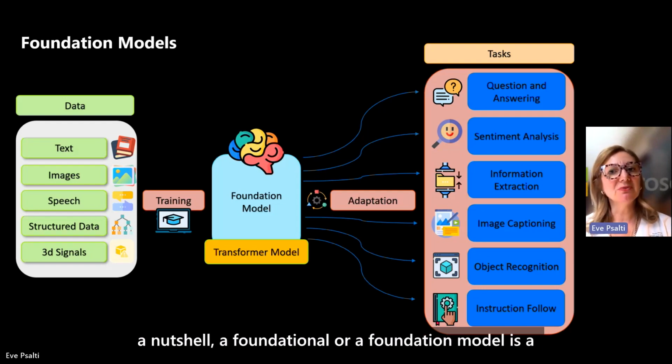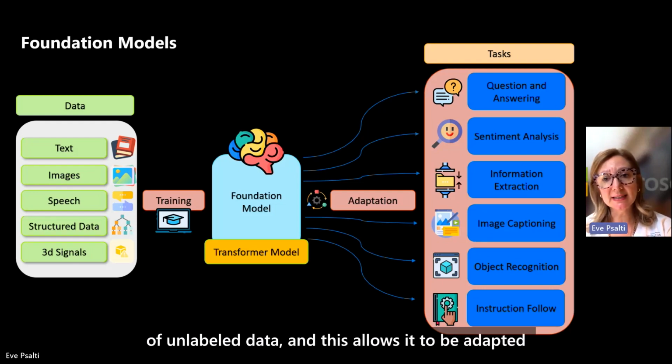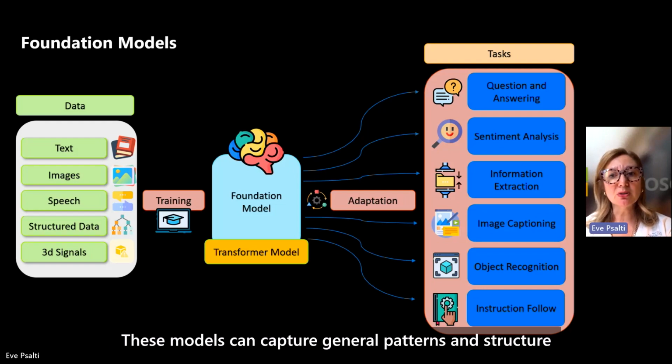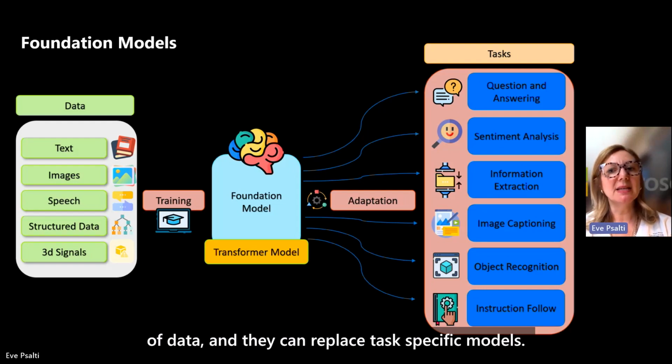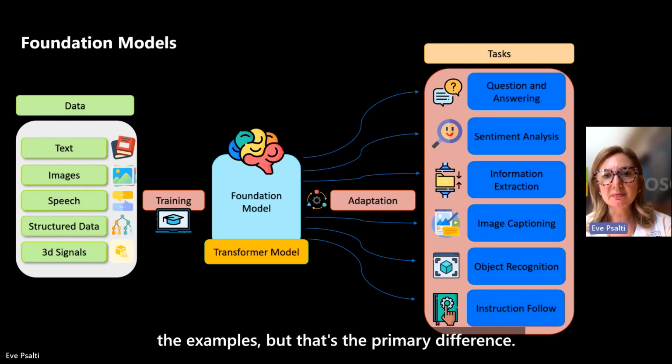In a nutshell, a foundation model is a machine learning model that is trained on a large corpus of unlabeled data, and this allows it to be adapted to a wide variety of tasks. So these models can capture general patterns and structure of data, and they can replace task-specific models. We can take a closer look as we look at the examples, but that's the primary difference.